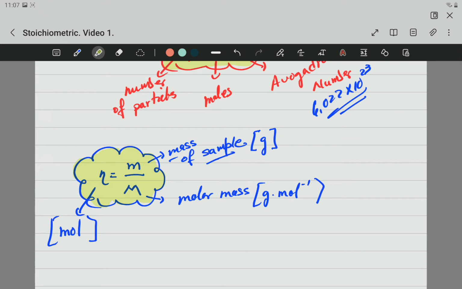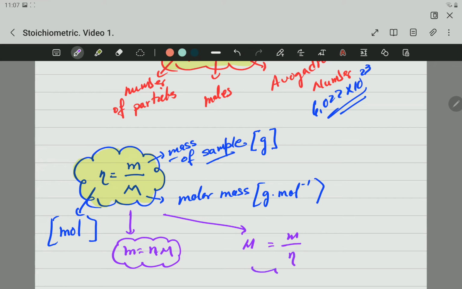You can rearrange this formula, and you will have that the mass is equal to the number of mole multiplied by the molar mass. If you rearrange the formula to make M the subject, molar mass is equal to mass divided by number of mole. Alright, this is very simple to do, and it's a mathematical rule.